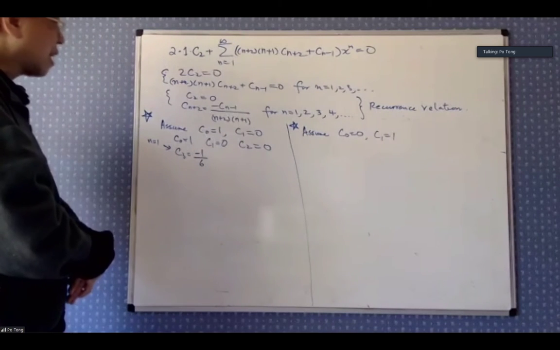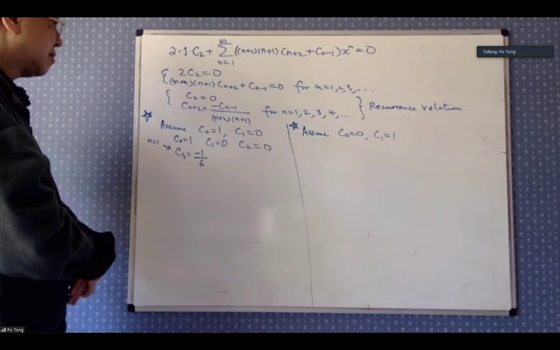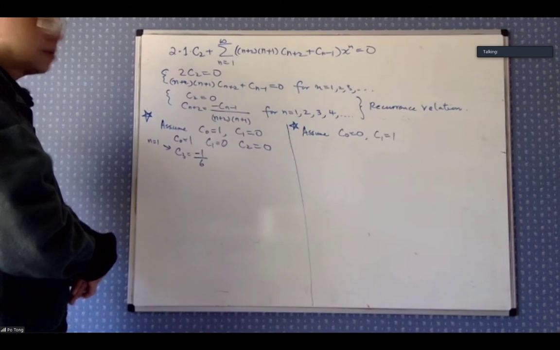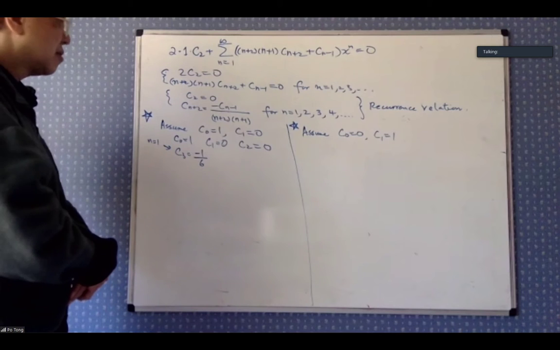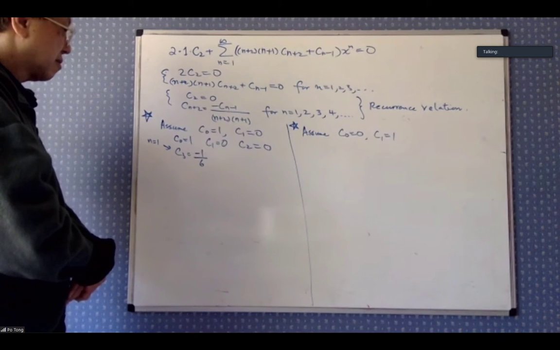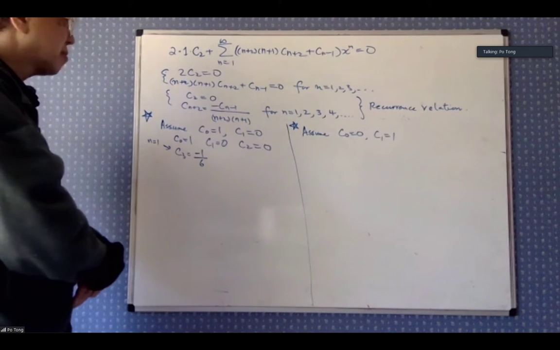Do you guys understand how I get C3 equal to negative 1 over 6?